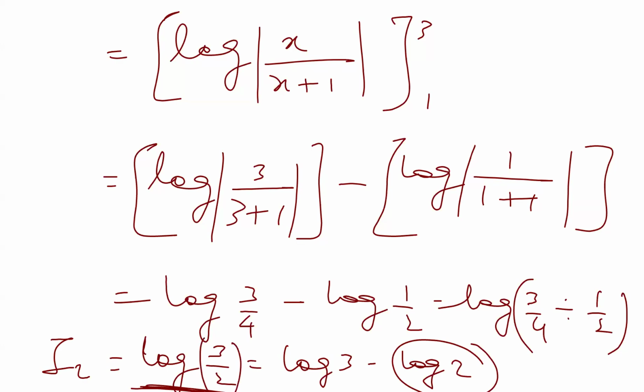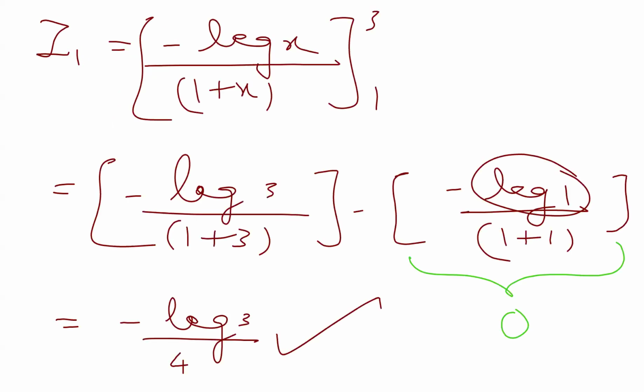Now from 1, I is equal to I1 plus I2. What is I1? Minus log 3 by 4.